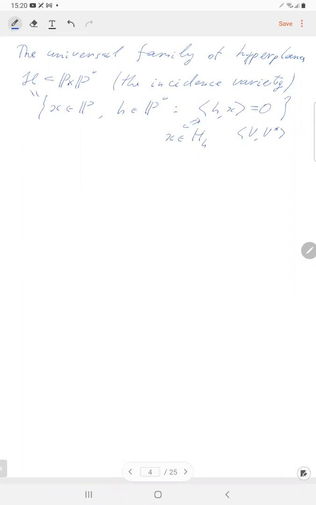Okay. I cannot say that the pairing is equal to some non-zero number, but if I say that it's 0, then it's well defined. It doesn't depend on scaling or rescaling this vector. Okay.